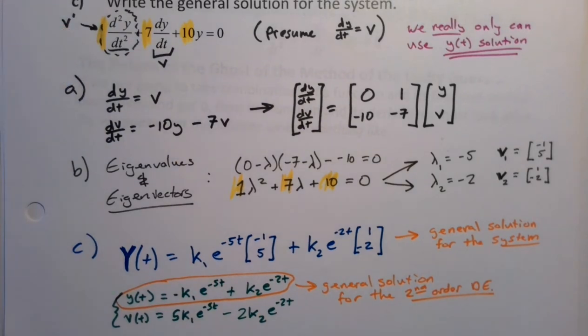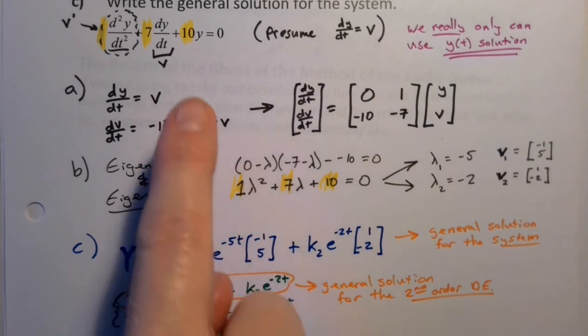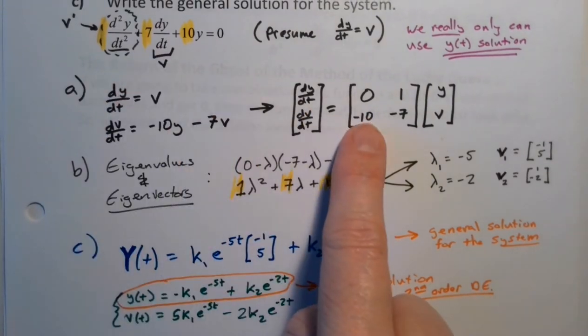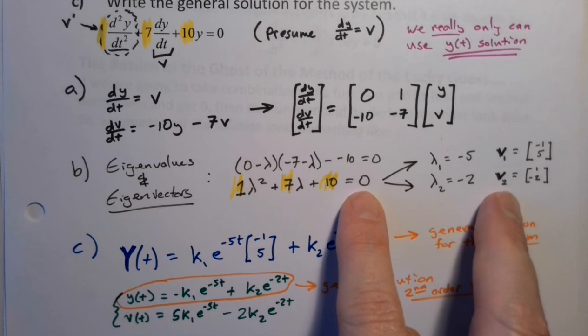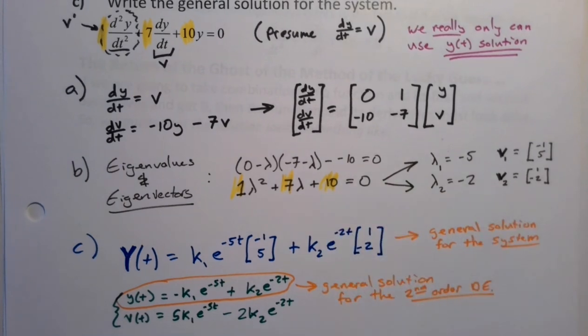Now, given that we can turn a second order equation into a system, into a matrix, we can solve it using our eigenvalue, eigenvector technique. But we have to throw away the second part. If you really want to know what the solution is, it's just the y of t.